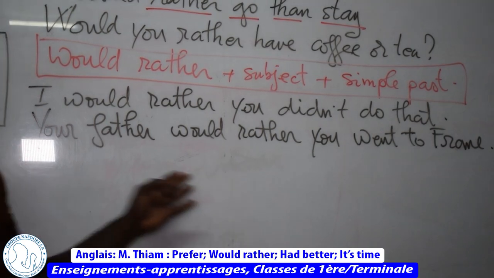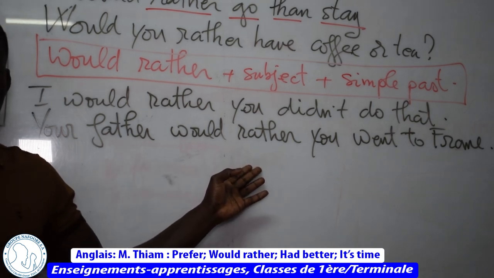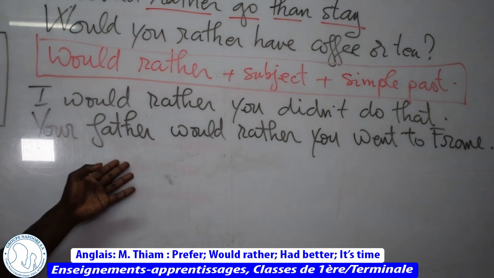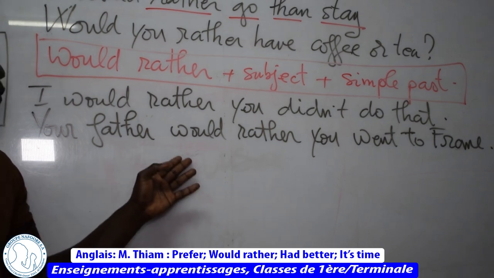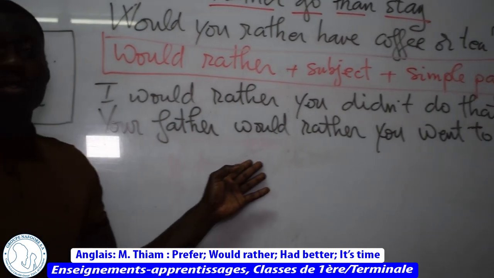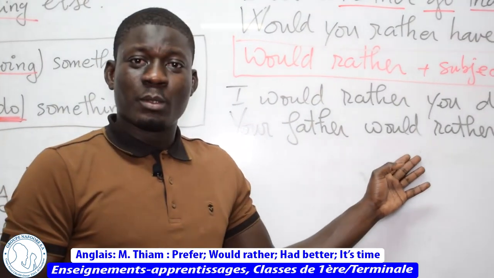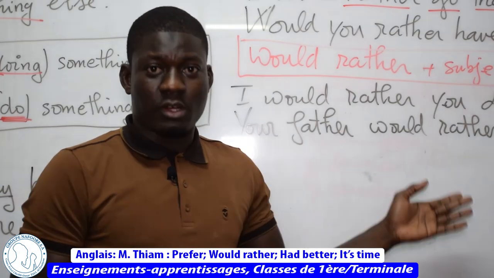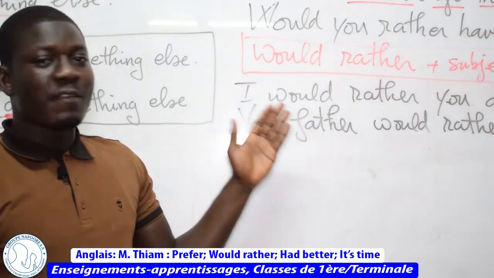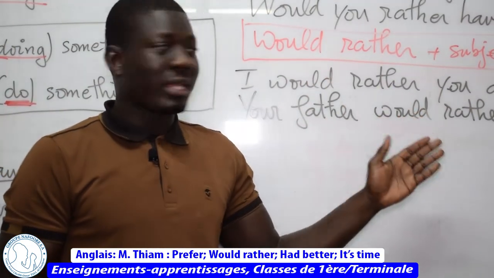And your mother tells you, your father would rather you went to France. So your initial choice was the US, but your father doesn't want you to go to the US. He wants you to go to France. So what you need to note here is if would rather is followed by another subject, the verb will be in the simple past.